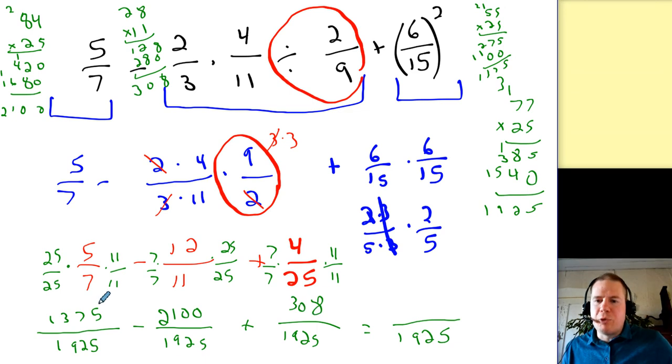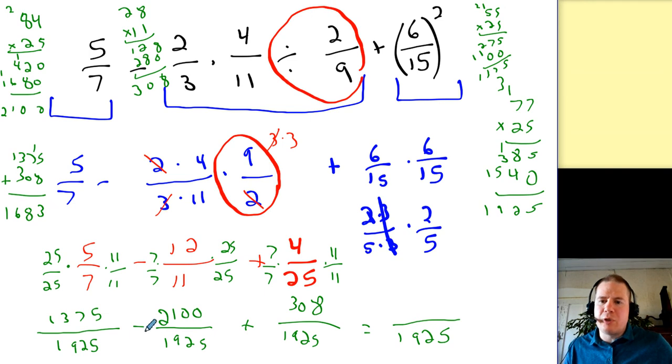So I've got moving forward, moving backward, moving forward again. So I'm going to put these two together, 1375 plus 308, both positive, 8, 9, 10, 11, 12, 13. 7 plus 1 is 8. 3 and 3 is 6. 1683 moving forward. I'll just write that.